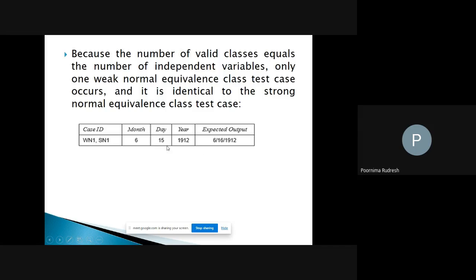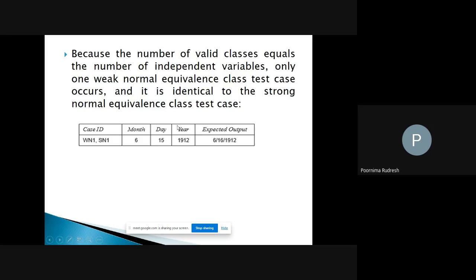What is the expected output? So by using the next date function, we are displaying the next date, right? So if today's date is 15, the present month is 6, and the present year is 1912, then what will be the next day? The next day is 16/6, meaning 16 June 1912. This is the expected output.